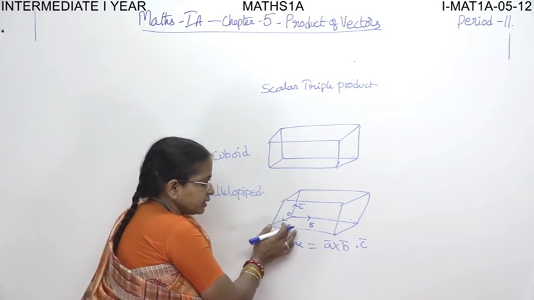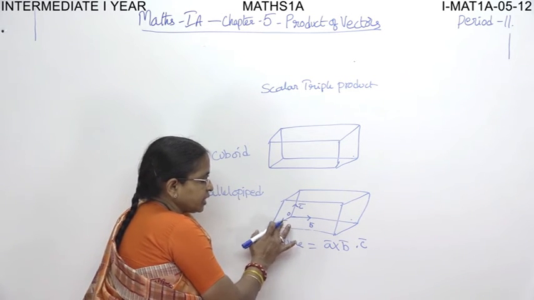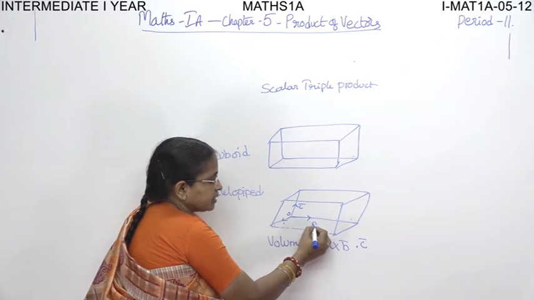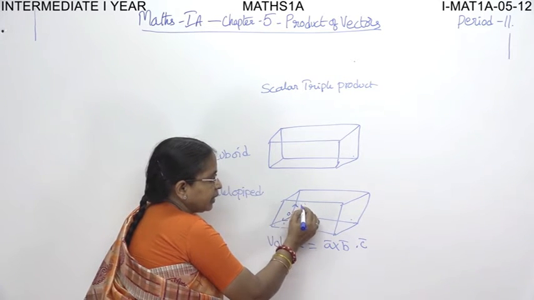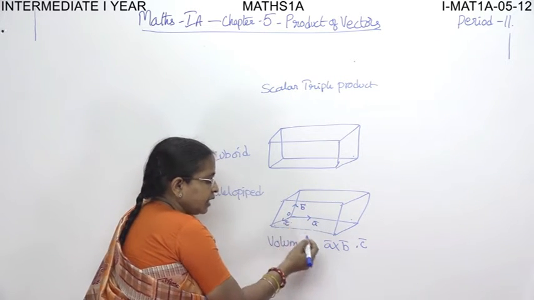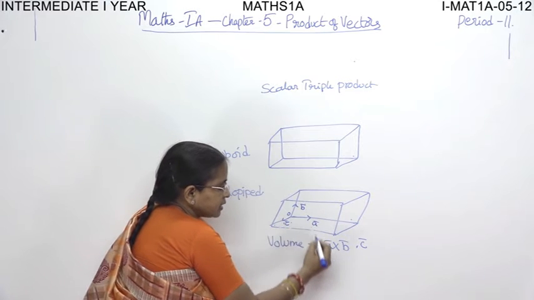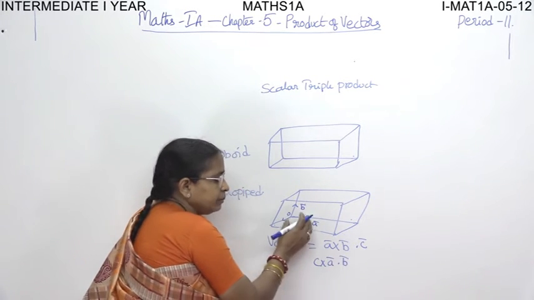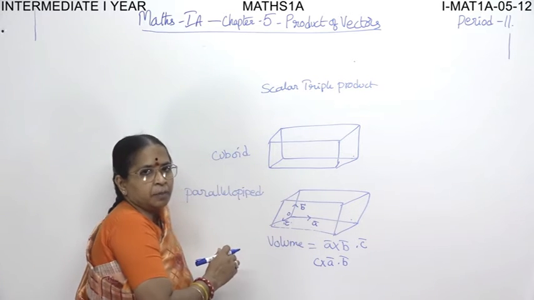Now suppose this is A, B, C. Now suppose I change the sides, so this is A and this is B and this is C. Then again C cross A dot B will be the volume of the same parallelepiped.